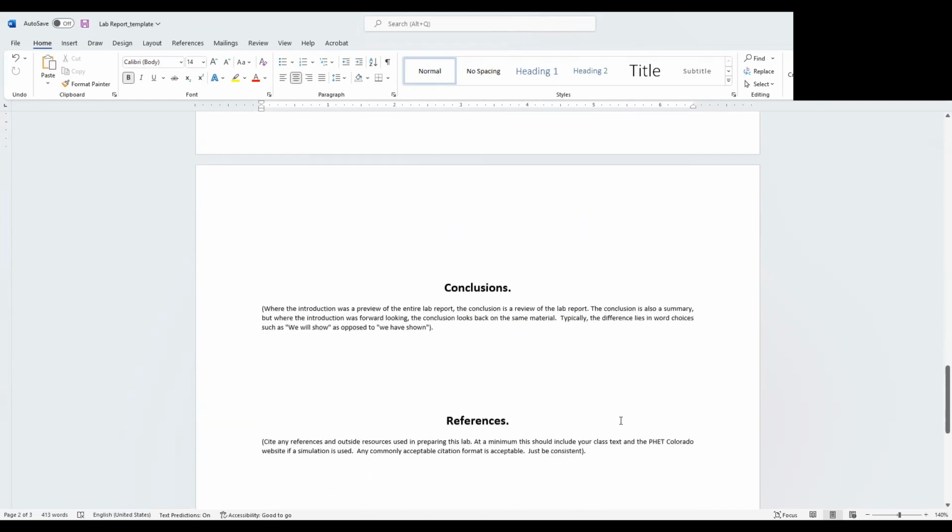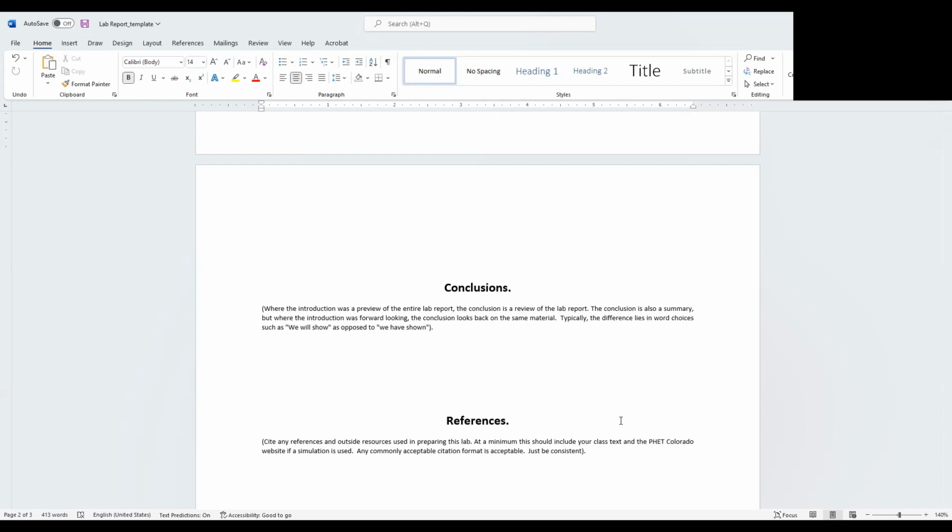And then finally, you have the conclusions. So what is the conclusion? The conclusion is also a summary of what your results were. In your conclusions, you will describe your results again. You will mention which are your results. You will explain them.